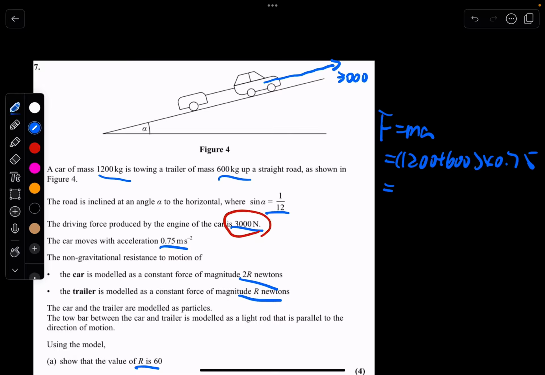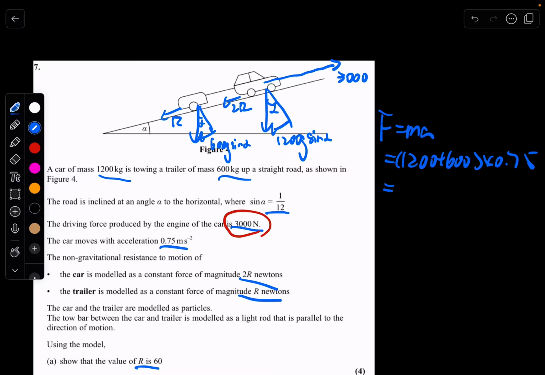And then we also have 2R newtons, and then R newtons of resistance, and lastly we're missing the gravitational force, the component here. So this is alpha, and then this would be 1200 g sine alpha, and then this would be 600 g sine alpha. I don't know if this is clear enough.